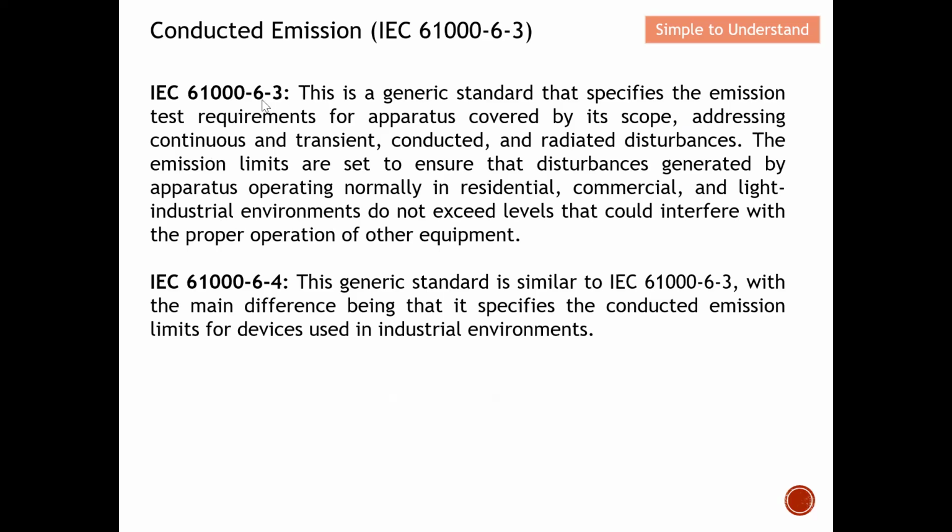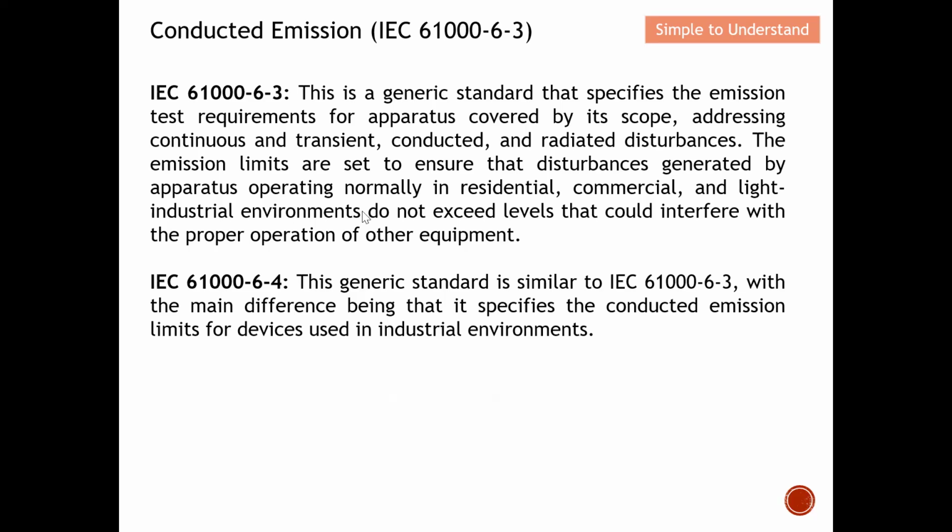In short, -6-3 is typically for residential or commercial, basically the buildings where we live or work, minus the industry. Commercial means not so much heavy industry, just simple commercial, let's say an office, which falls under commercial.